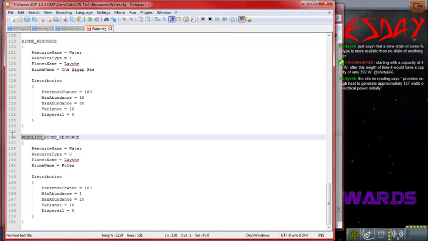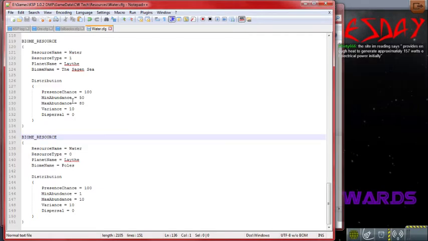Yeah, thinking about it, I could have just done this very quickly with a find and replace. Never mind. So, because the CRP comes with water resource definition, that will be getting removed. In fact, you know what? I'm going to do it now.